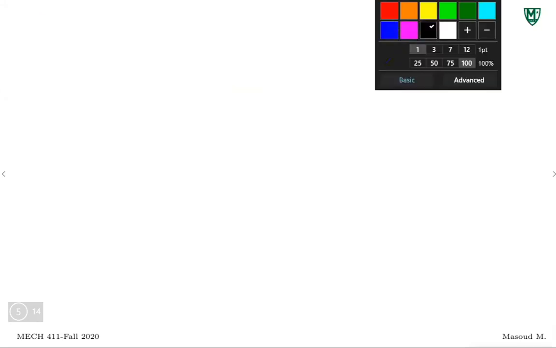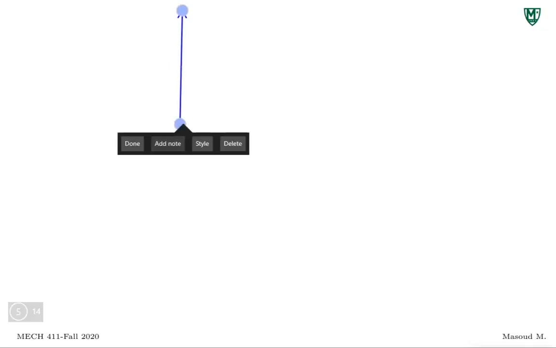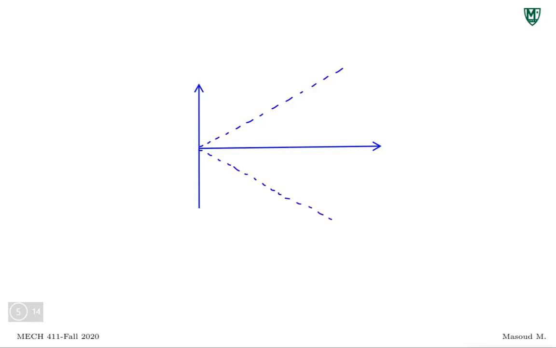If you want to take a look, for instance, at the plot, if this is the system response when omega is equal to omega n, that's what you're going to see if you measure the displacement.